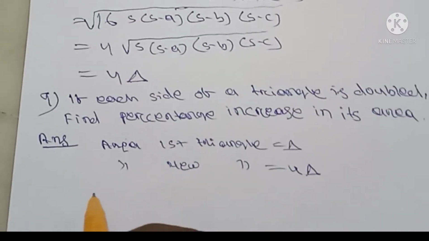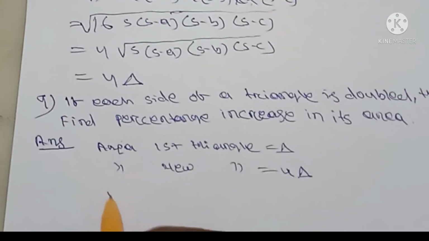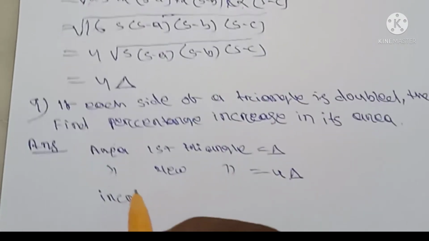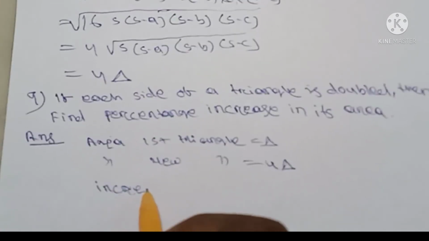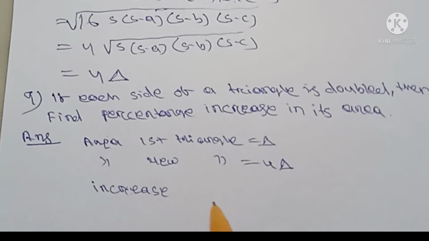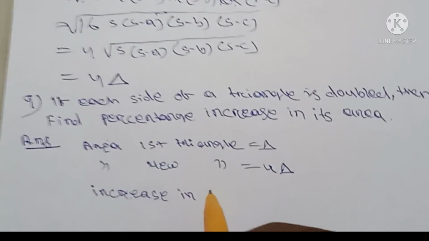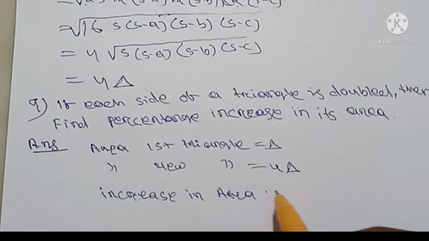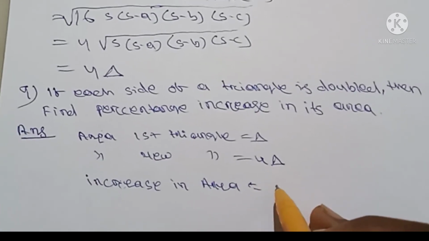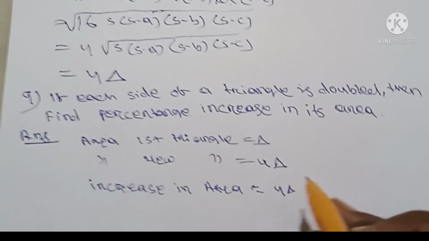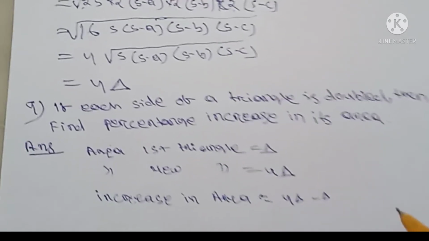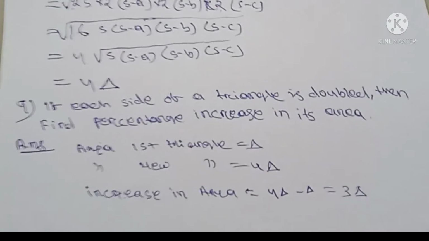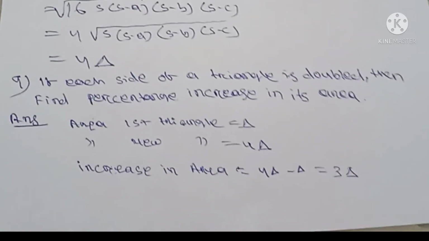So what is the increase in area? Increase in area equal to 4 delta minus delta equal to 3 delta. Increase in area 3 delta.